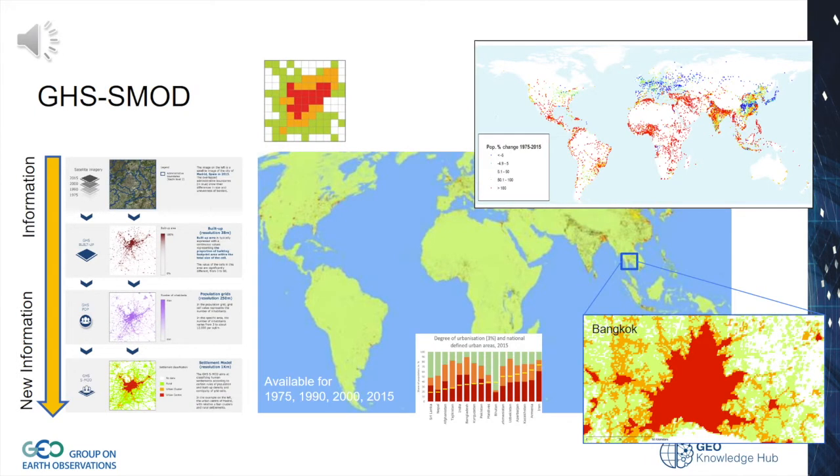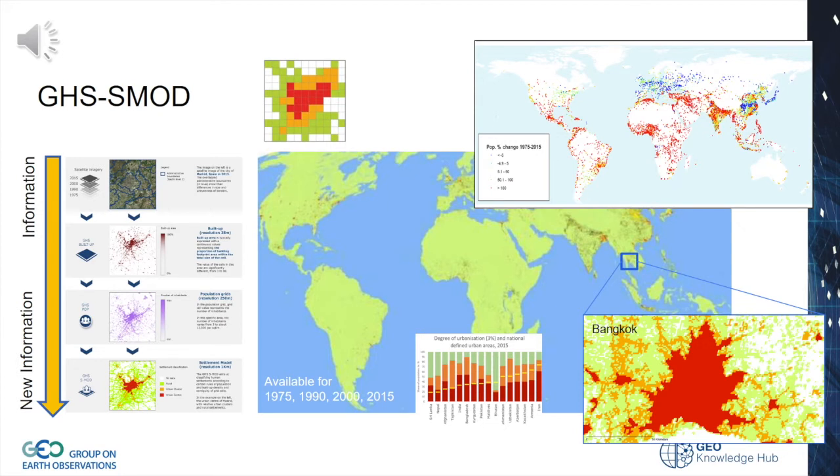The settlement model is generated using the degree of urbanization methodology that was recently endorsed by the UN Statistical Commission as a way to generate standardized urbanization statistics worldwide. The settlement model partitions the built environment into settlement types such as dense urban areas that typically include cities, semi-dense urban areas that typically include towns and villages, and low-density settlements typically found in rural areas.